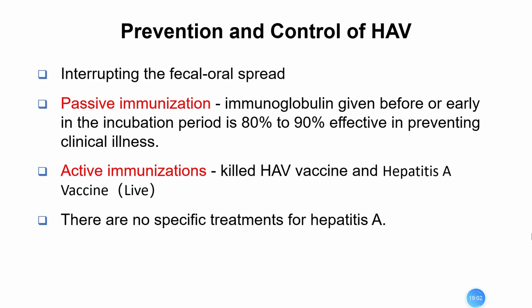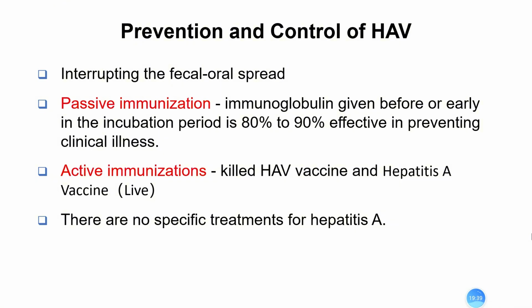From the fecal part, we should treat and inactivate the human waste, so that we can inactivate viruses in the feces before it's released to the environment. And we should improve the hygiene condition in the environment. And before we use any possibly contaminated food or water, we should cook it thoroughly or boil it thoroughly to kill the viruses in it.